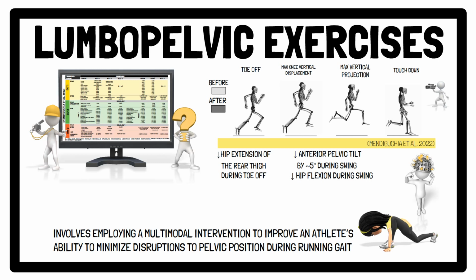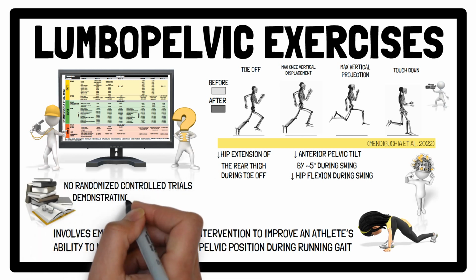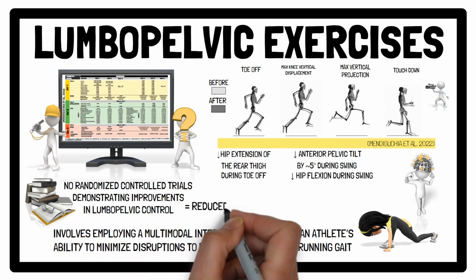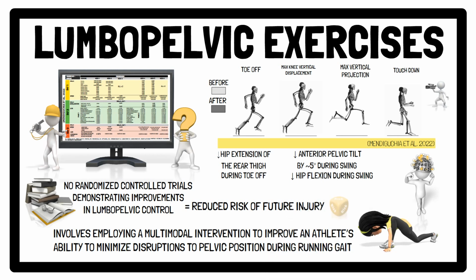While this training approach can result in changes in running performance, there are no randomized controlled trials demonstrating improvements in lumbopelvic control result in reduced risk of future injury. As a result, if the aim of these exercises is to improve the capacity of the hamstring muscle group to produce torque during active lengthening or limit over-lengthening while running, lumbopelvic exercises cannot be prescribed with the same level of confidence as eccentric exercise.